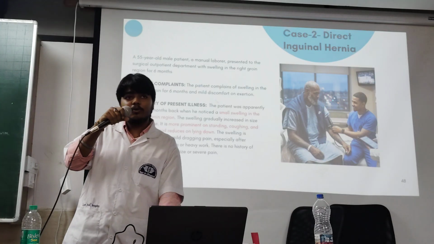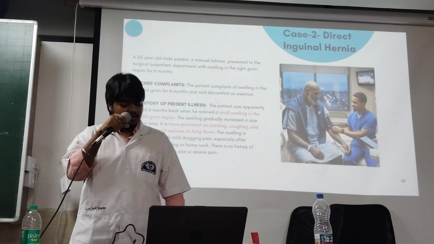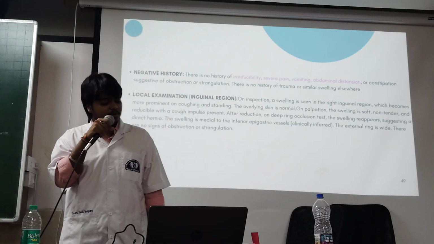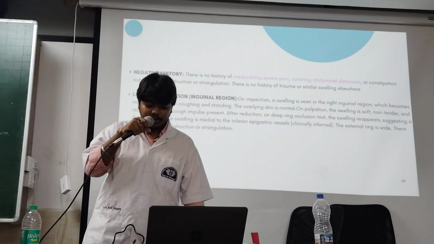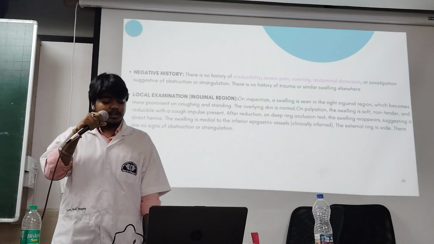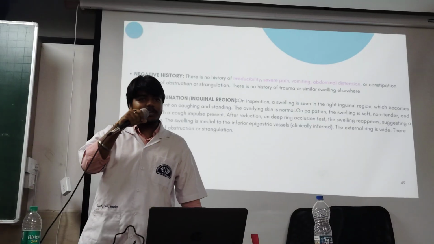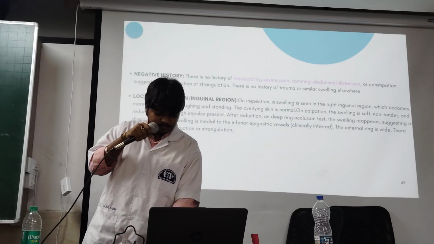Again, there was no history of trauma, abdominal distension, irreducibility, or severe pain. On local examination, with the deep ring occlusion test, the swelling reappeared after pushing back the hernia. So it indicates a direct inguinal hernia.